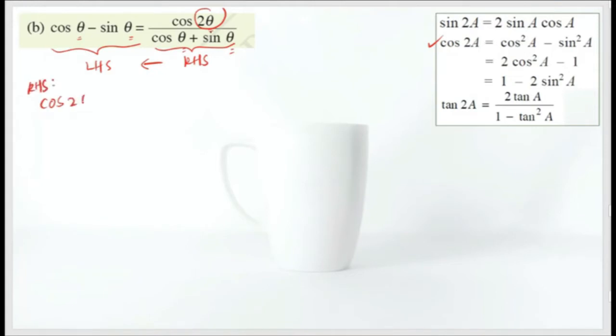Cos 2 theta over cos theta plus sine theta equals what? Cos 2 theta, we change it. Which one will be suitable, do you think? The first, second or third: cos and sine together, or cos only, or sine only?